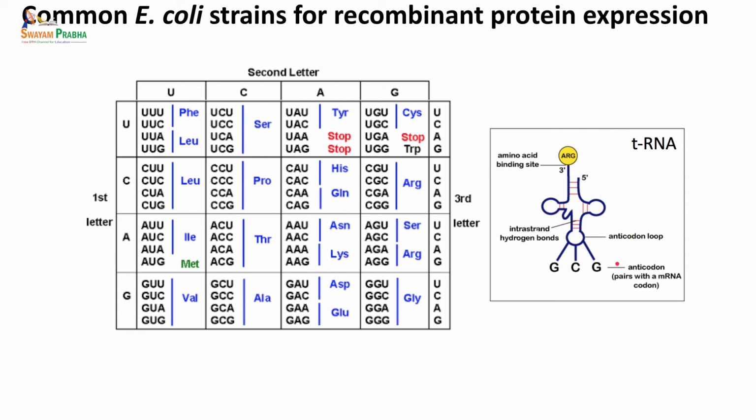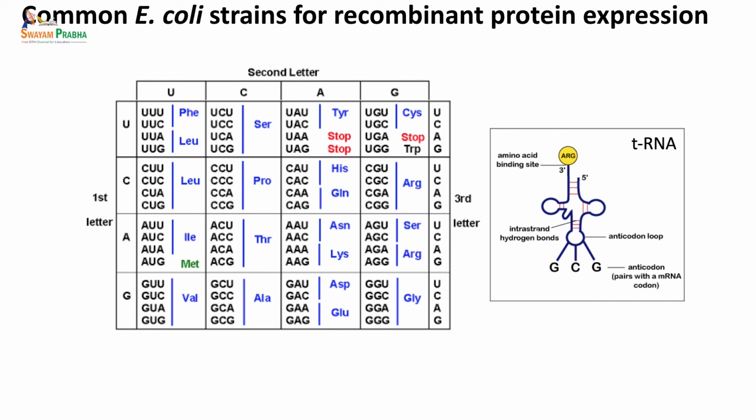So if any organism uses a particular codon much more preferentially compared to the other one, then the corresponding tRNA will be present in larger amounts in that organism. So the tRNA for every codon is also not distributed at equal frequency. This is known as the codon bias.